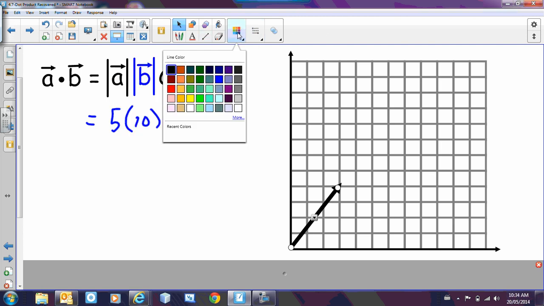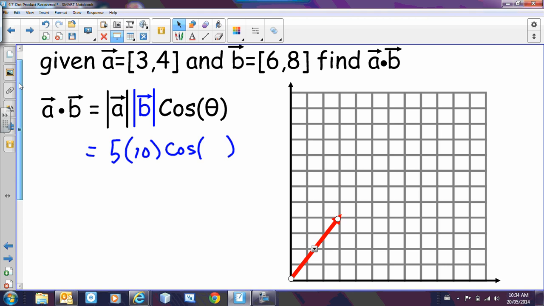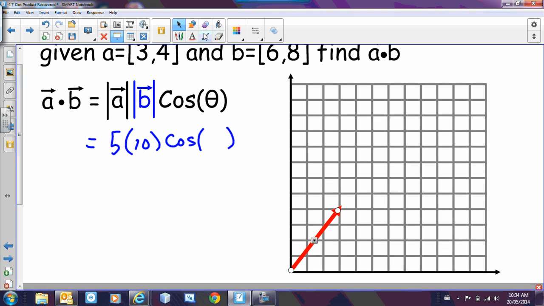And I'll make the second one red. The second vector was 6, 8. So I go out 1, 2, 3, 4, 5, 6, and up 1, 2, 3, 4, 5, 6, 7, 8 to get my second vector.